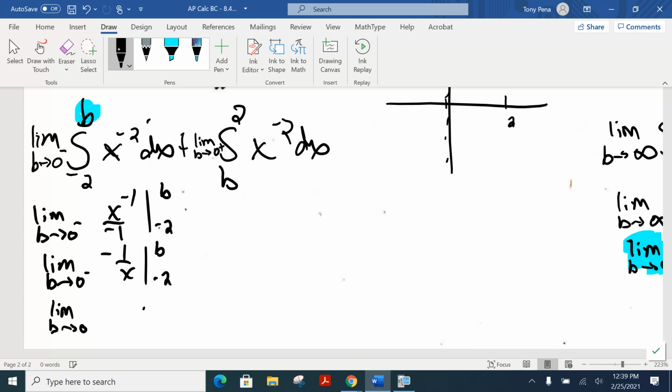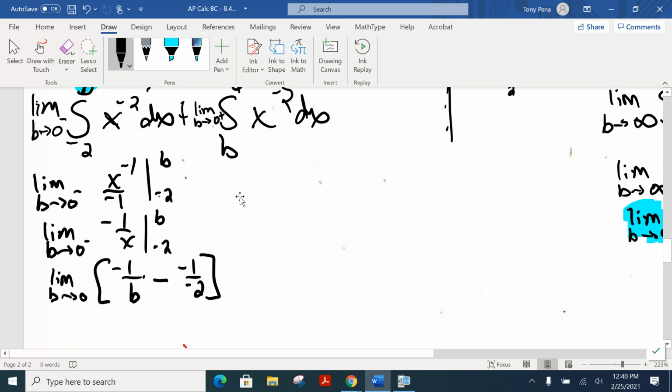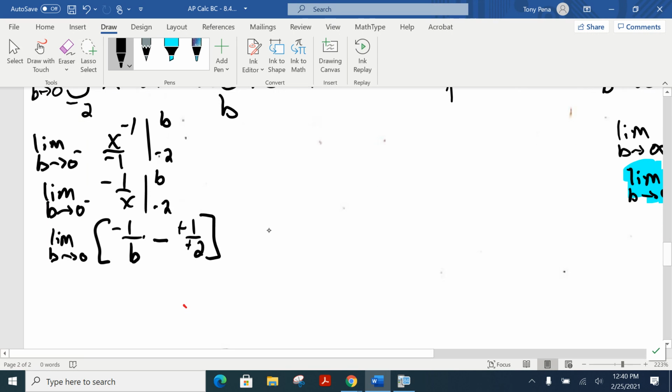So we get negative 1 over b minus negative 1 over negative 2. The negative 1 over negative 2 gives this a positive 1/2, so we know we're going to be subtracting 1/2. And then what we now need to do is evaluate this limit. And I forgot the left-hand limit here.